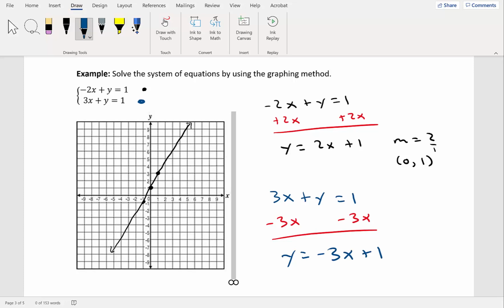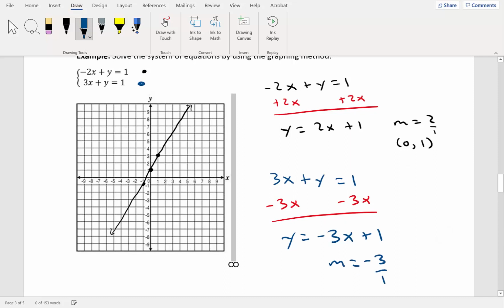So my slope in this case is negative 3, let's put it as negative 3 over 1, rise over run. And my y-intercept is (0, 1). So let's start off with my y-intercept, which is this point, and I'm going down 3 and to the right 1, which gives me this point right over here. And now let's connect these with a straight line.